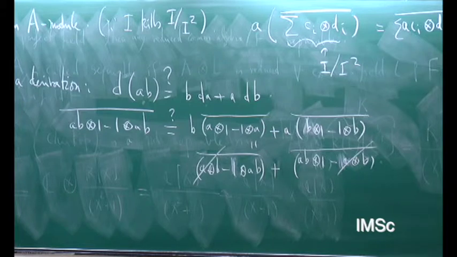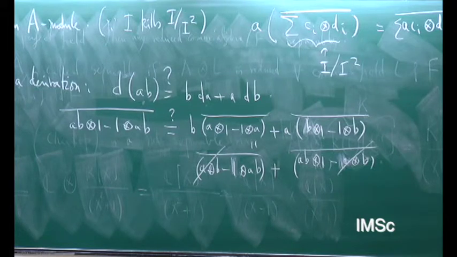It's a subquotient of A tensor A, right? So if you look at it that way, it looks quite impossible to see how to define it. One way to get around the problem is to define it on A tensor A and then restrict it.